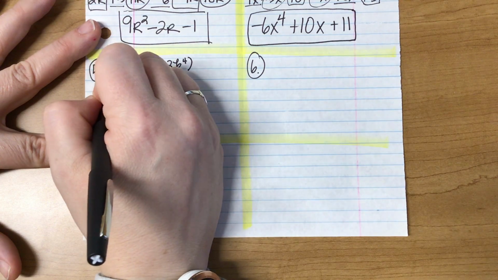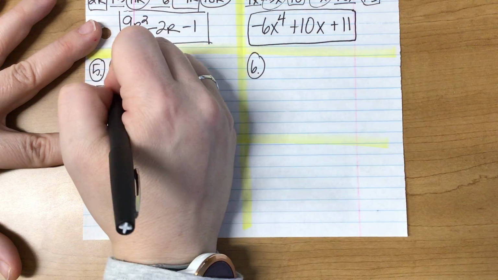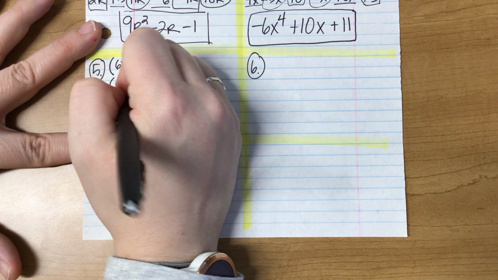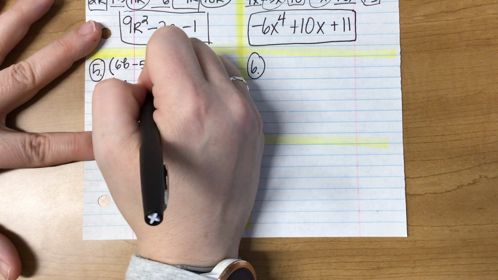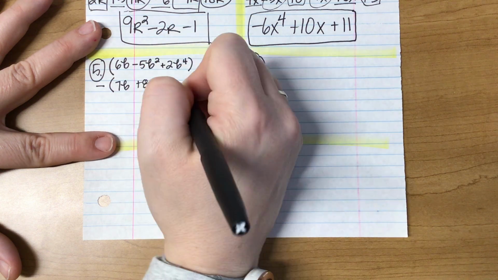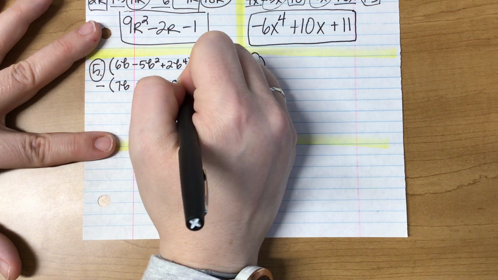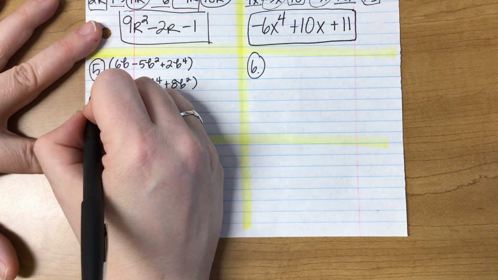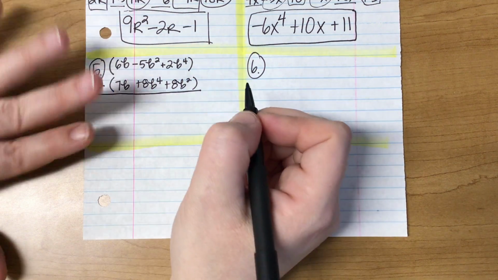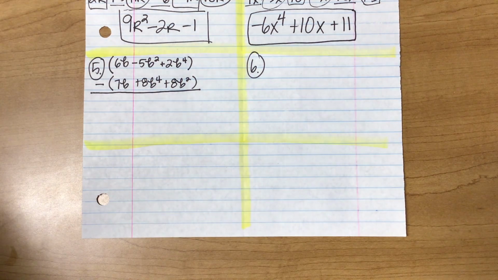I'm going to put minus 7b plus 8b to the fourth plus 8b squared. So this is a subtraction problem. So make sure you use the subtraction rule.